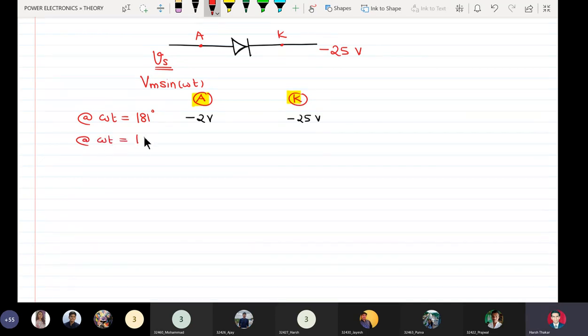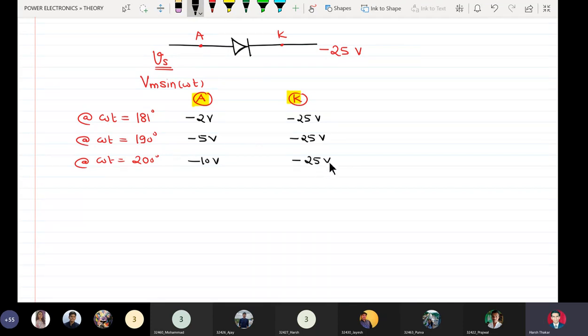At omega t equal to 190 degrees, potential becomes minus 5 volts. Cathode remains at minus 25 volts. At omega t equal to 200 degrees, the potential goes to minus 10.